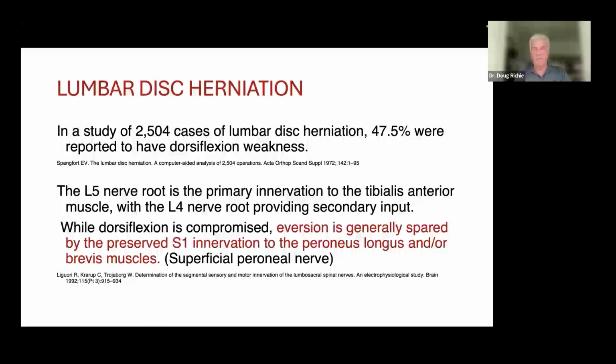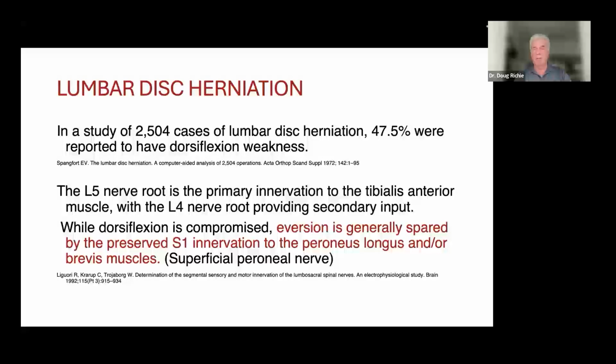And lumbar disc herniation is not as common as stroke, but it is a common cause of foot drop. And usually when a patient has a lumbar disc herniation, at least half the time, they develop foot drop or dorsiflexion weakness. What's interesting here is in a lumbar disc herniation, eversion is generally left intact.